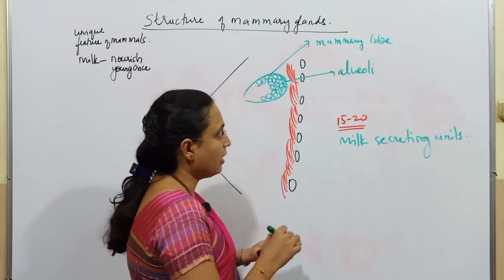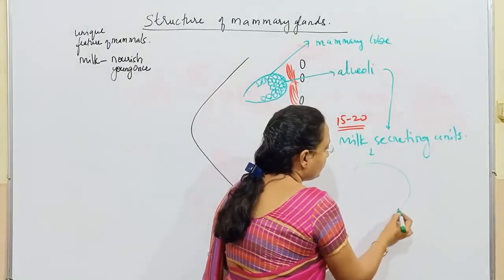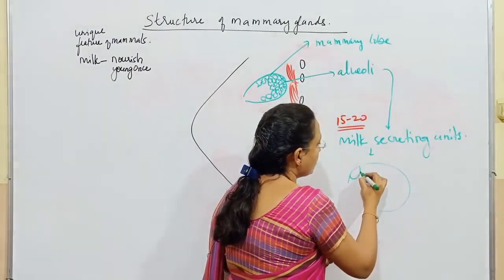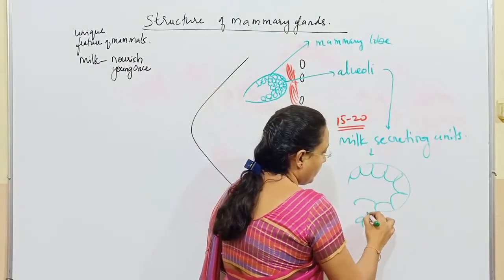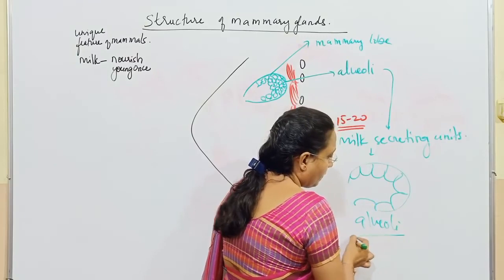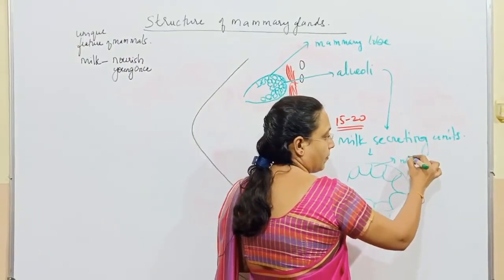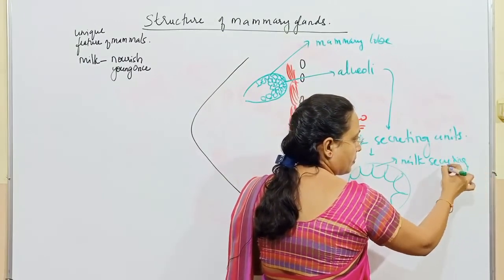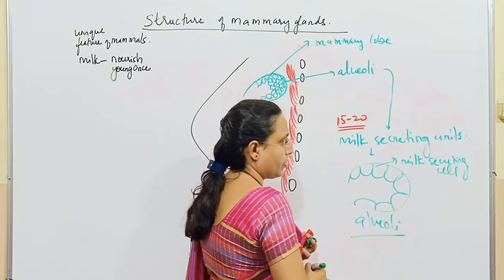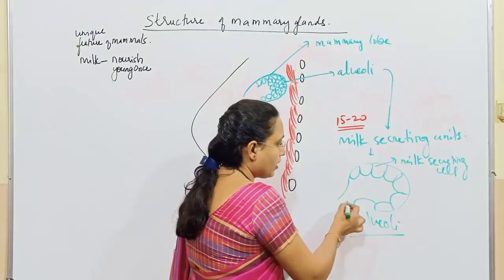How is an alveolus? Now alveolus is a cluster of cells. Now this is a milk secreting cell. A cluster of milk secreting cells will together form what?